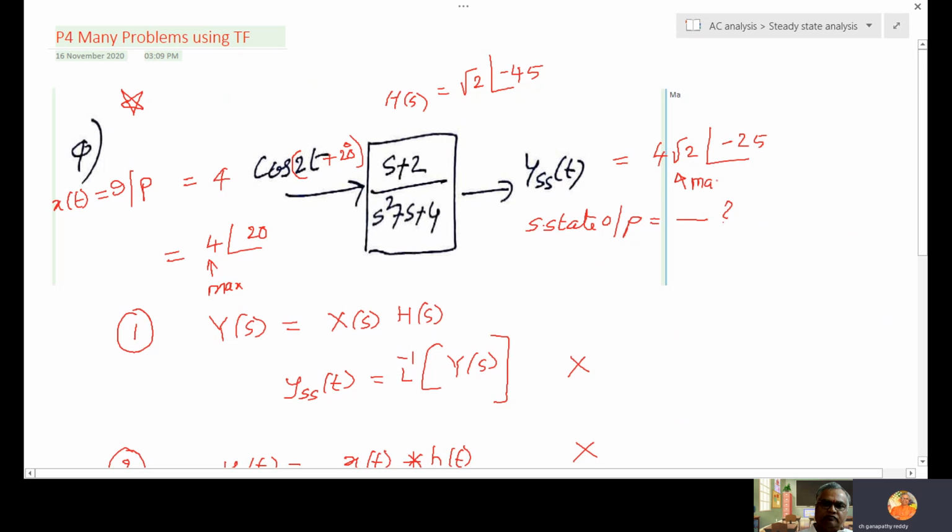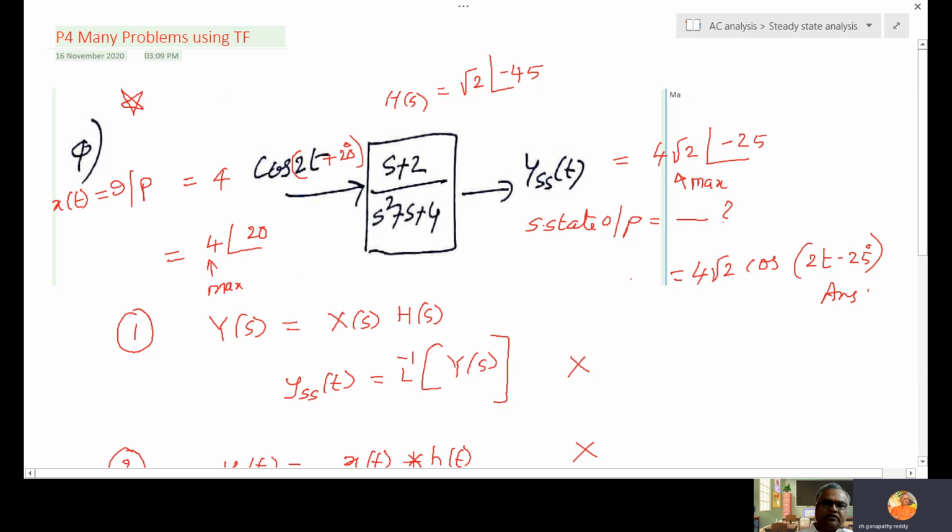It is maximum, because this 4 is already maximum. Don't use RMS or maximum here; output is just the product of these two. So 4 root 2 is the maximum, and plus 20 minus 45 becomes minus 25. So what is the final output? 4 root 2 cos 2t minus 25 is the answer.